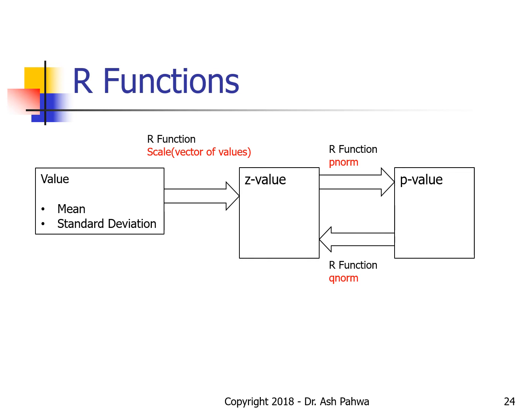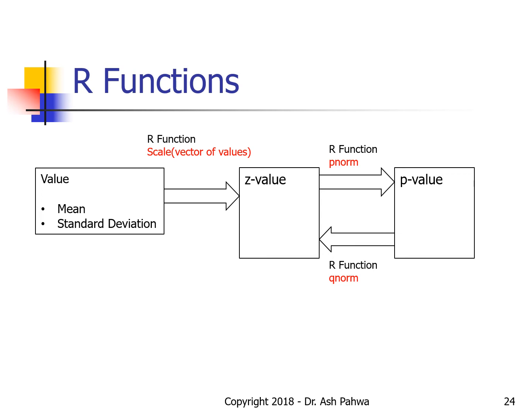So these are the functions that are used in R. If you are given the value and you know the mean and the standard deviation, you can use the function scale to get the z value, you can get the p value from the z value using the pnorm function, and you can get the z value from the p value using the qnorm function.